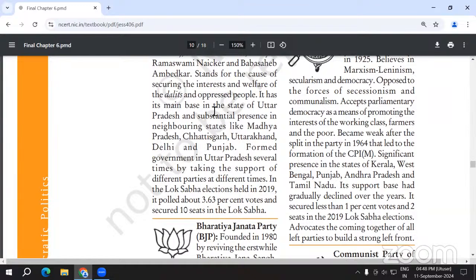Now what happened? In the Lok Sabha elections held in 2019, it polled 3.63% of the vote and secured 10 seats in the Lok Sabha. So our condition is either 6% or 4 seats. It did not secure 6%, but on a seat basis it secured 10 seats.